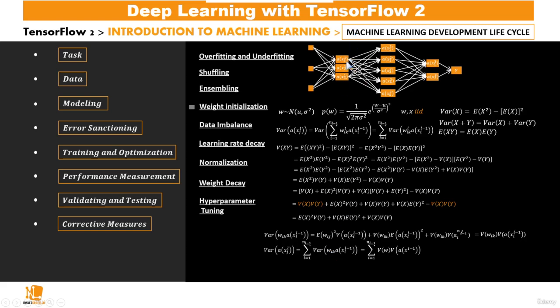So if we have this weight leaving from here to here, the weight will be W11, but then the variance of W11 is the same as the variance of W12, W13, W14, W21, W22, WIK in general. So it's needless specifying the variance of WIK since they are all the same.